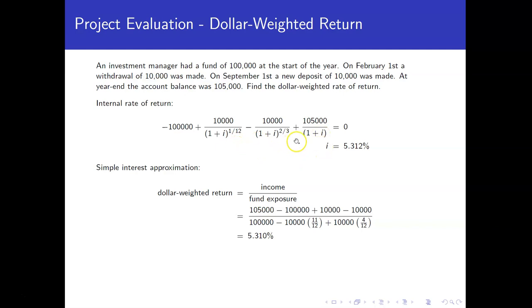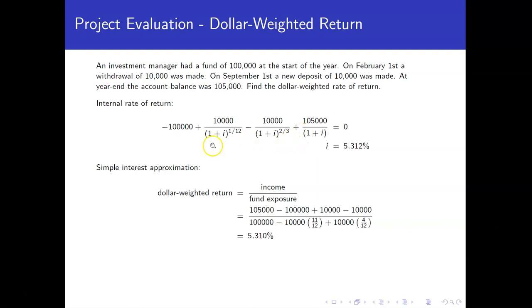Now, this is not an equation that's easily solvable for i. You can use your cash flow worksheet on your calculator to get this by putting in the appropriate zero cash flows where necessary, and you would need to get a monthly rate and then convert it to an annual effective interest rate. That's what would have to happen here by using your BA II Plus calculator.